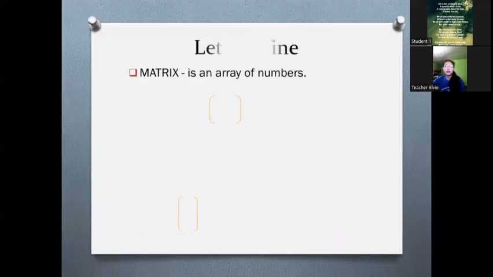Let's define what a matrix is. Very good. A matrix is an array of numbers arranged in columns and rows. The numbers inside the bracket are the elements, the numbers horizontally are rows, and vertically they are columns.